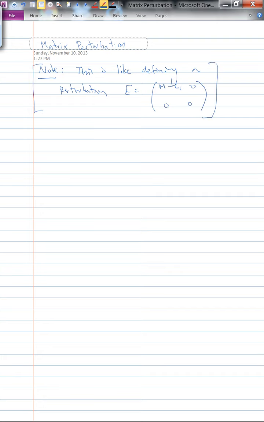So note that we're essentially defining a perturbation, like defining a perturbation E that's equal to M minus L1, something like that. That's what we're at. Okay. But okay, so what do we want to know?